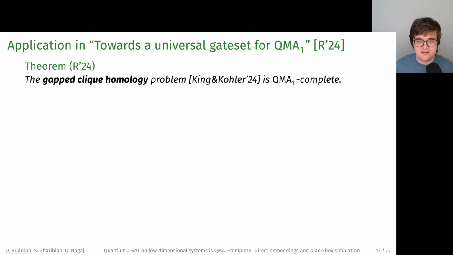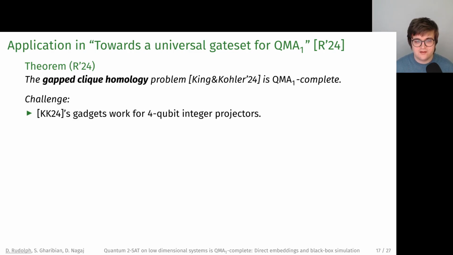This is actually a quite useful tool, this null space connection lemma. I was able to use it in a newer paper of mine towards the universal gates for QMA1. One theorem in that paper is that the gapped clique homology problem, as defined by King and Kohler, is QMA1-complete. The challenge there was that the gadgets of KK24 only work for 4-qubit integer projectors. Although they do provide more general gadgets, only correctness proofs for the 4-qubit gadgets are provided.